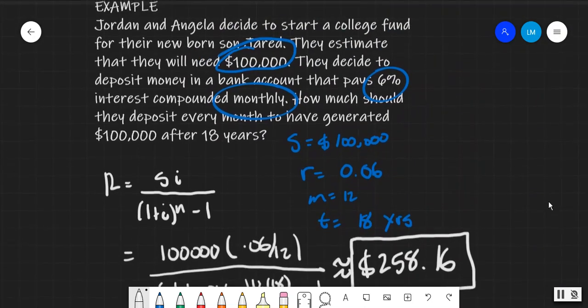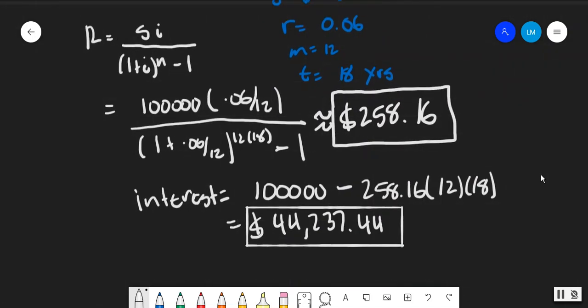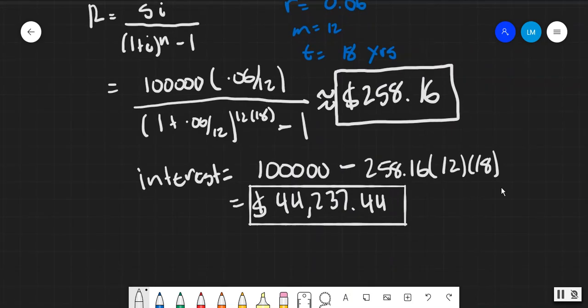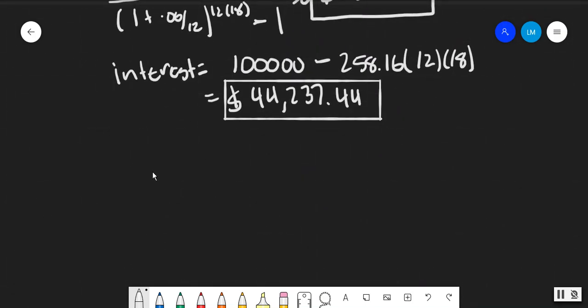Now, it is possible, for example, to figure out how many years it will take to reach this amount if you know the payments. In some cases, you know the future value amount, and then let's say we don't know something else.